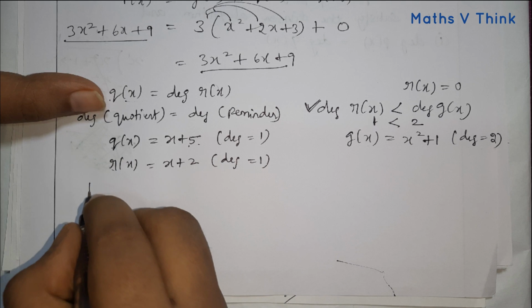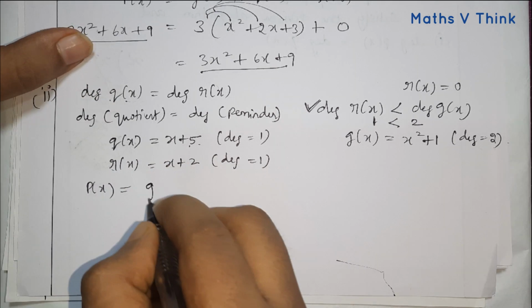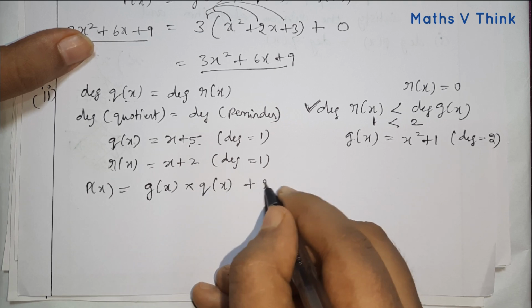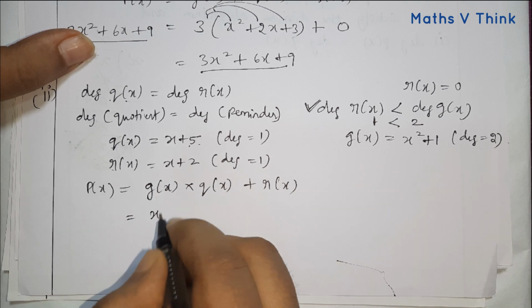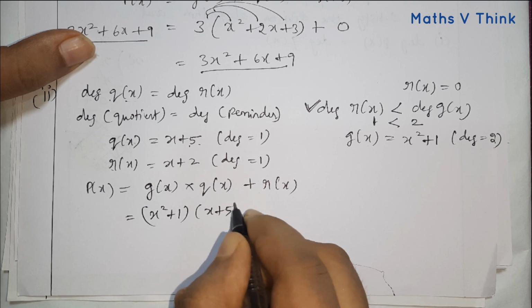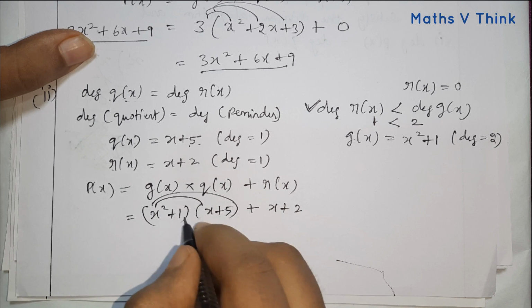How you will find p of x? Substitute in the division algorithm. So p of x is equal to g of x into q of x plus r of x. So g of x is x square plus 1 into q of x is x plus 5 plus r of x is x plus 2. So open the brackets.